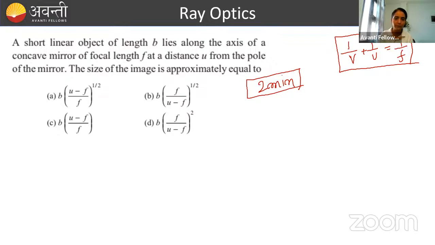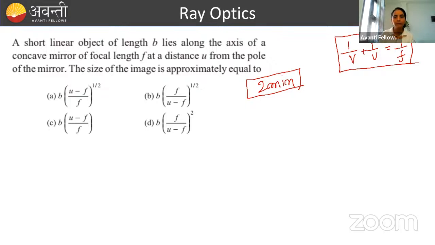So till now you all must have studied ray optics because it's almost end of October. Even if you have not studied, it's not an issue because you just need some basic formula to solve the question. And in this question's answer discussion also, I will explain the topics in detail. So nothing to worry about.